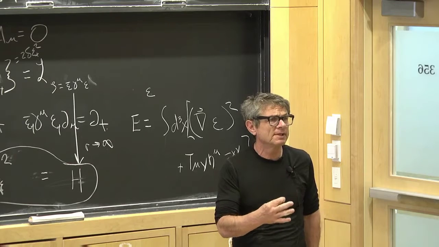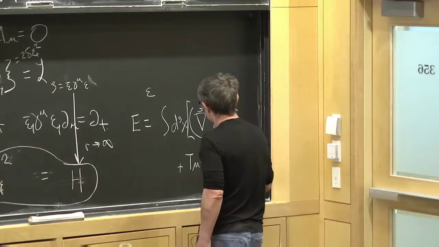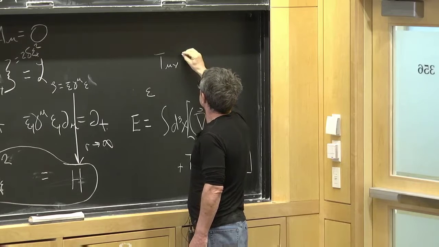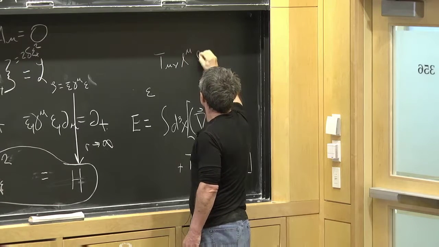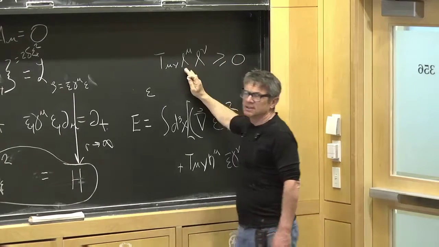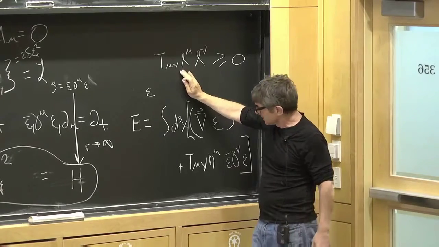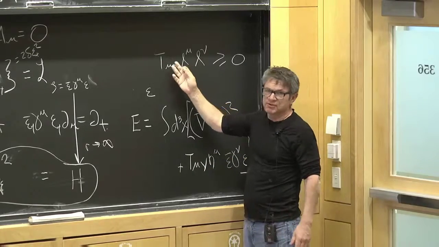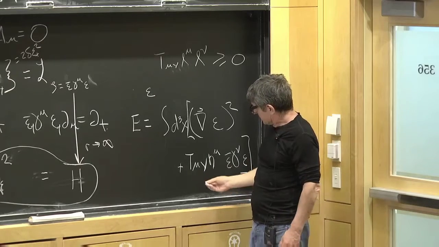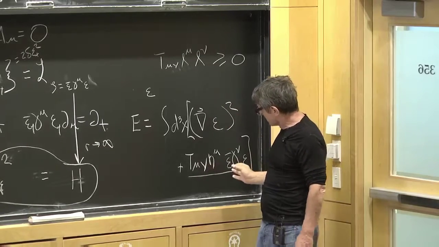It applied to general relativity coupled to matter whose stress energy tensor obeys T mu nu L mu L nu greater than or equal to 0 for L a forward directed vector that lies in the future light cone. So that's basically some covariant version of the energy is positive. You have to assume that. And the matter energy density is positive. You have to assume that.